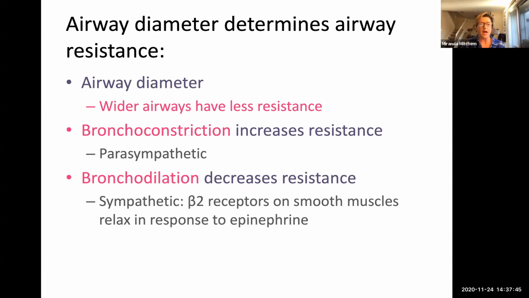So try to think about just what happens normally, but then maybe take one of the examples we learned earlier in the semester and think about what happens during a severe allergy, such as a bee sting in a person that is allergic, and what happens when they are given epinephrine.